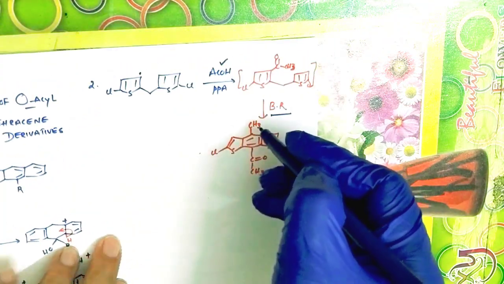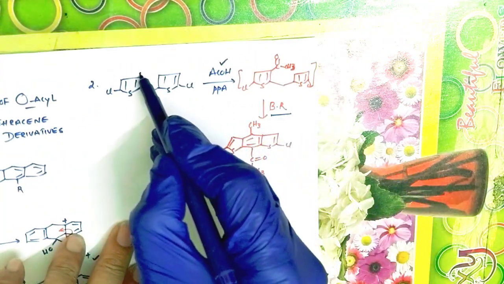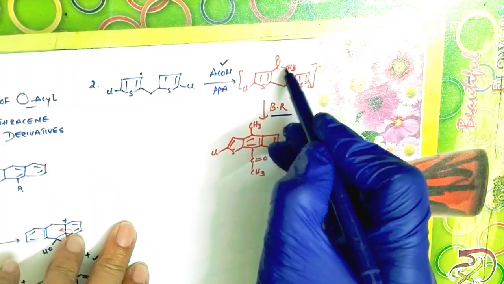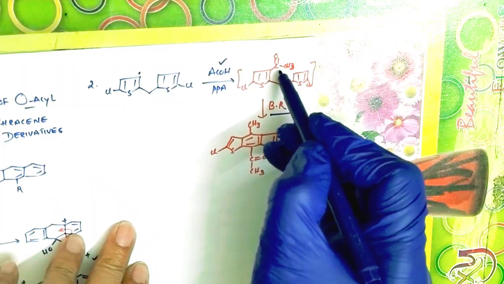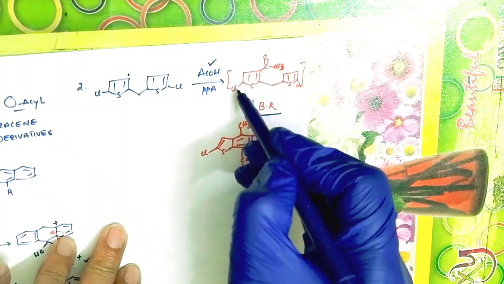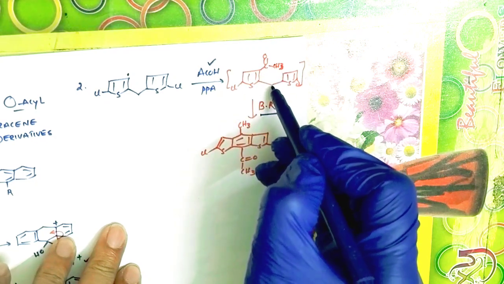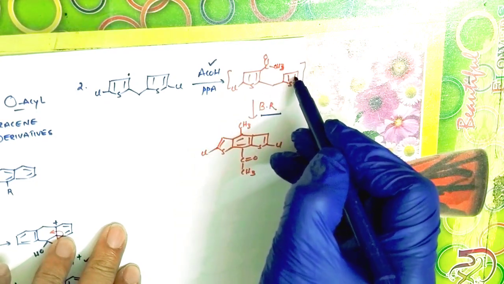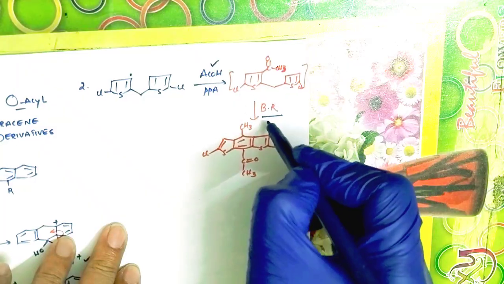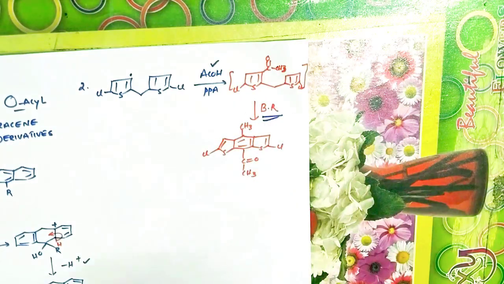So simply what happened, at this position, acyl group is added, C double bond O CH3. Now see, assume that it is a benzene ring, C double bond O CH3, ortho position, CH2 aryl group is there. So that's why this reaction can be subjected to Bradsher reaction.